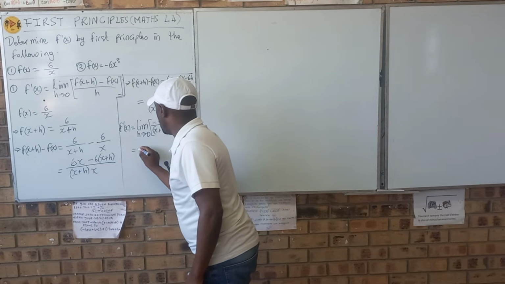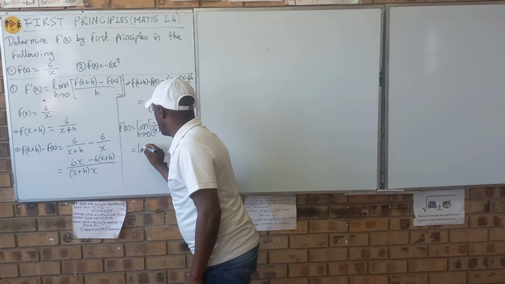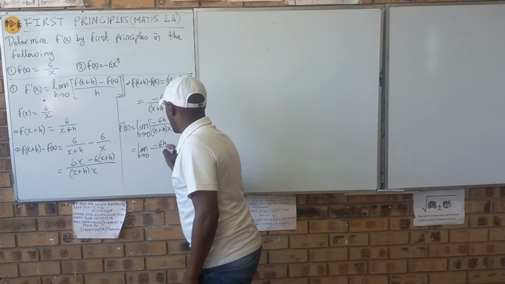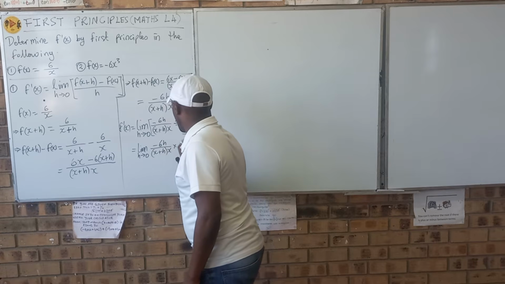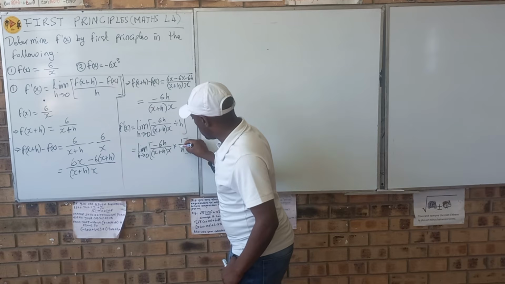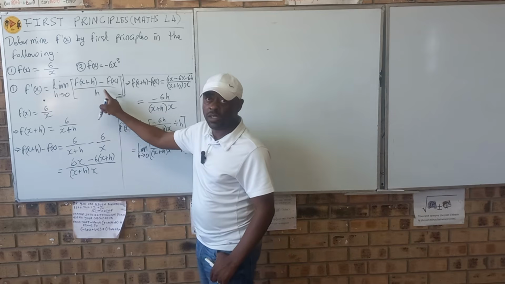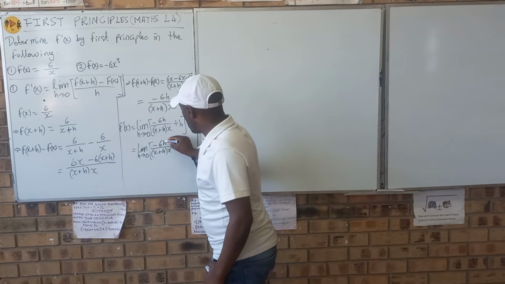So if I move on with that, I will get the limit as h tends to 0 of negative 6h on x plus h, all this into x, then I multiply by 1 over h. In so doing, you see that the original h in the formula, the h that was the denominator in the formula, will now cancel.